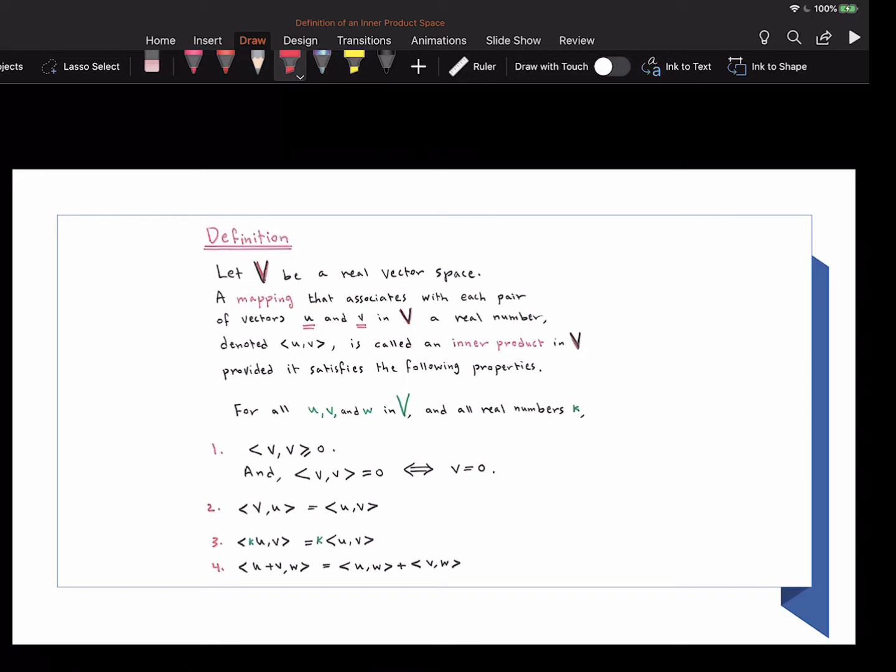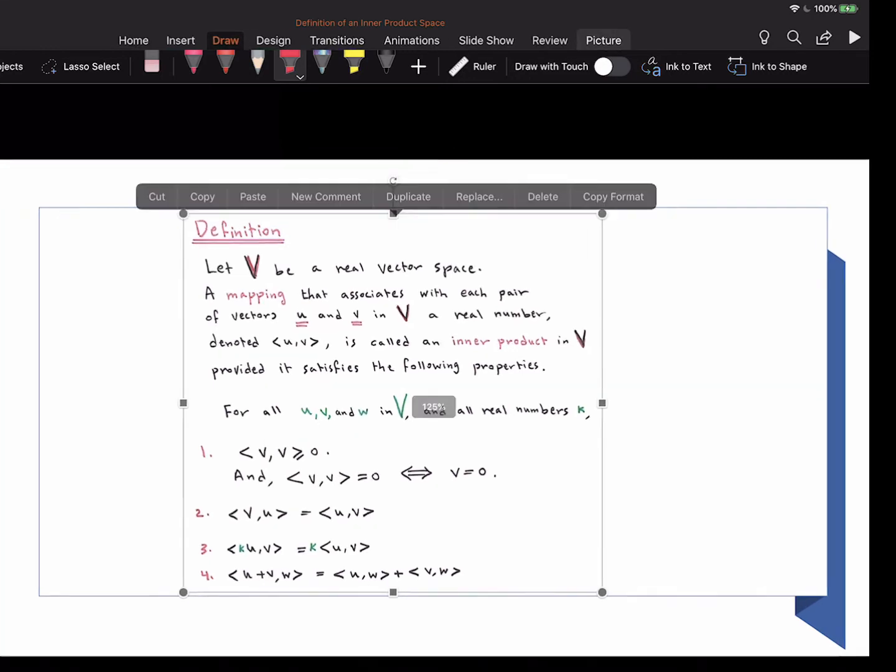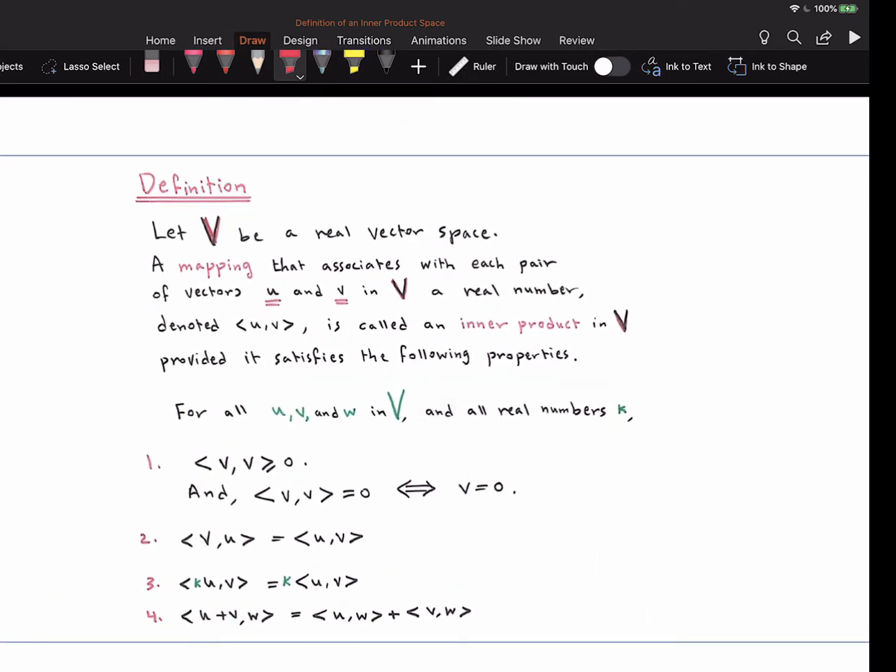Let V be a real vector space. A mapping that associates with each pair of vectors u and v in V a real number, which is an inner product of u and v, is called an inner product in V, provided it satisfies the following properties.